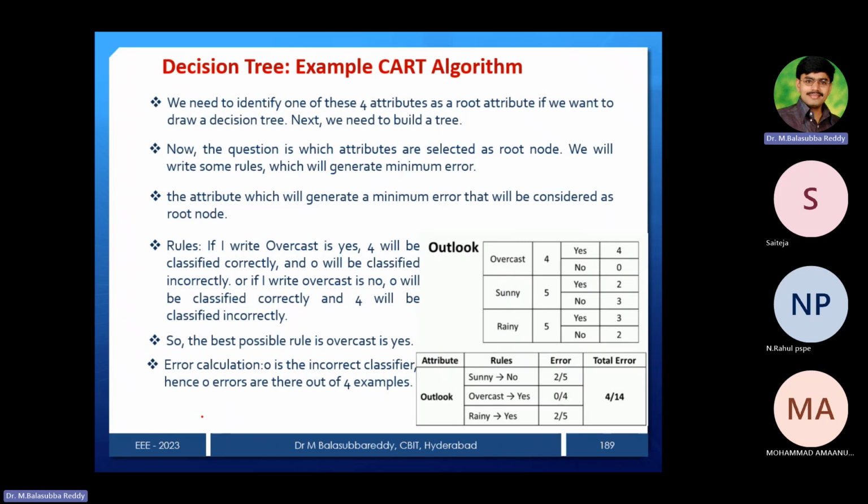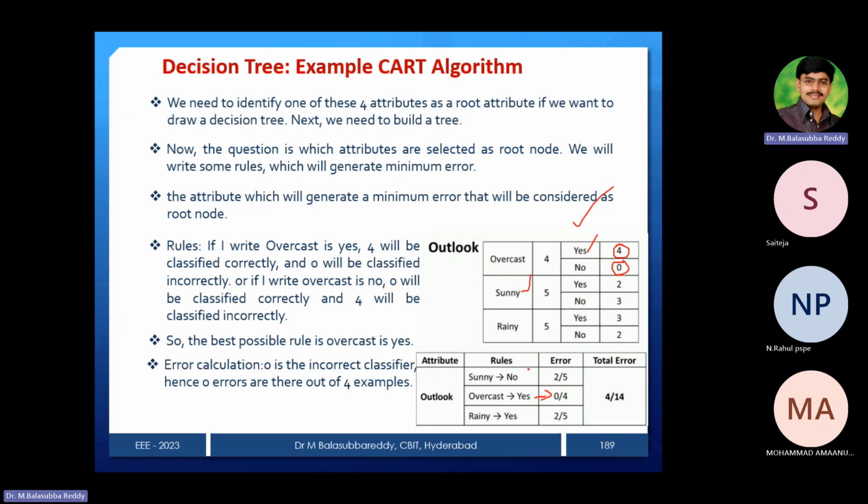Nothing more is there. So while you are writing the rules after this table, you have to write a rule. In that table, overcast I take as yes. Then 4 will be predicted correctly, 0 incorrectly. That is the reason the error will be 0 by 4. Incorrect divided by total is your error formula. That will be the rule: overcast is yes. Now Sunny.